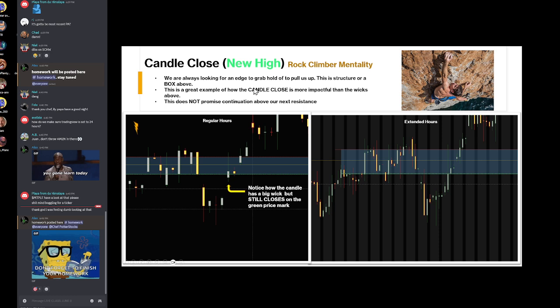But with a candle close, we are looking for the edge to grab hold of, or the floor of a box, or the floor of somewhere where we've consolidated, which is a box. But it could just be a floor where you've bounced off continuously, or it could just be pulling yourself up above and holding where sellers control the price, right?